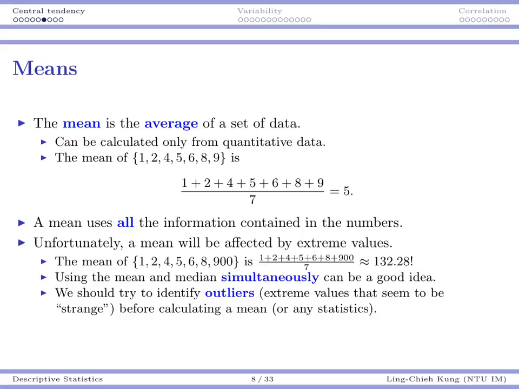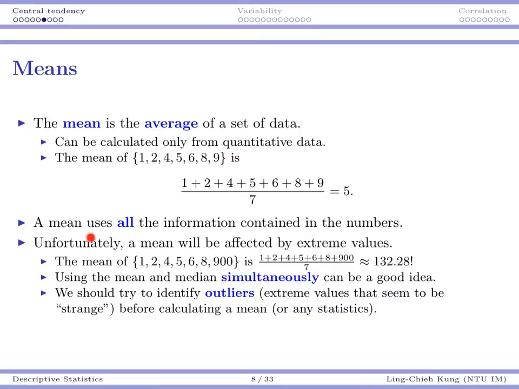Because we are doing addition, the mean can be calculated only for quantitative data. Very quick example, when you have 7 numbers like this, the mean can be calculated with the formula like this, just as intuitive as what you always do. Then it would be 5.